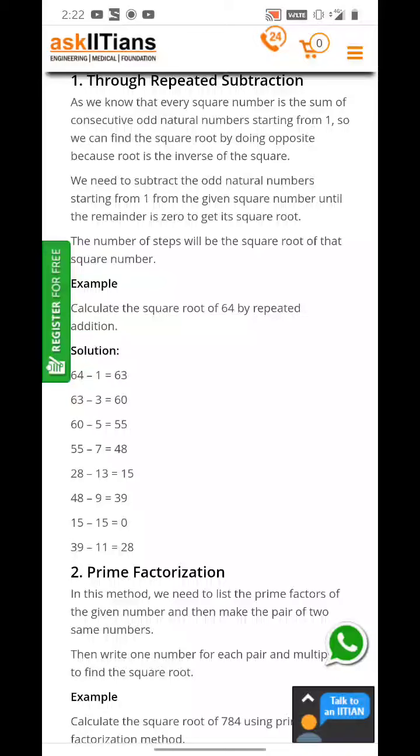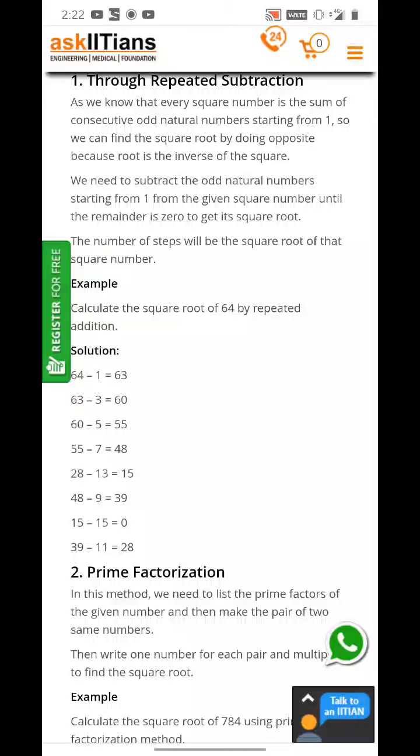This does not mean 64 minus 1, then 64 minus 3. After the first step, the result is 63, so the new number becomes 63. Then we subtract the next consecutive odd number: 63 minus 3 is 60, 60 minus 5 is 55, 55 minus 7 is 48, and so on.